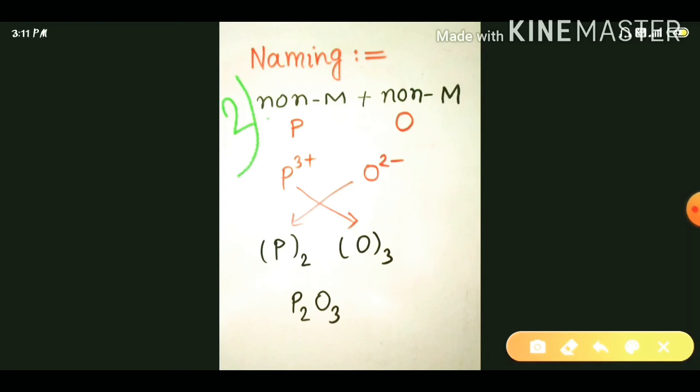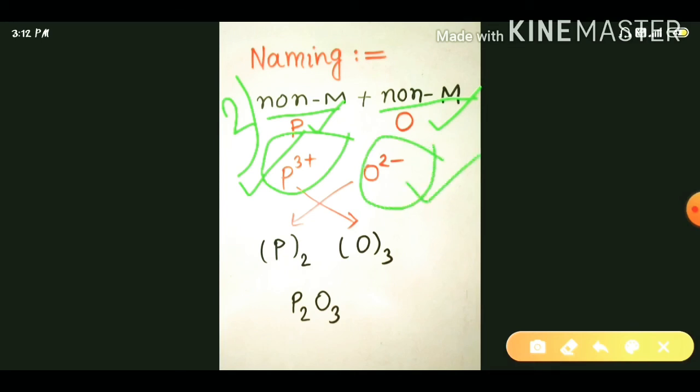This is non-metal and non-metal making a compound. Here we take phosphorus and oxygen, both are non-metal. First we have to write the basic radicals. This is cation, this is P3 plus, and then we write the acid radicals. This is O2 minus, then we apply crisscross.